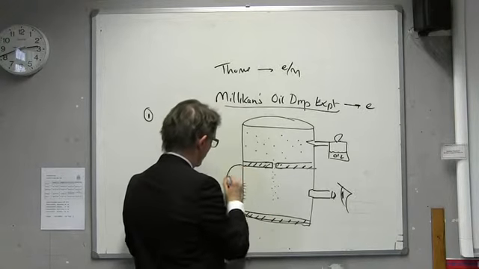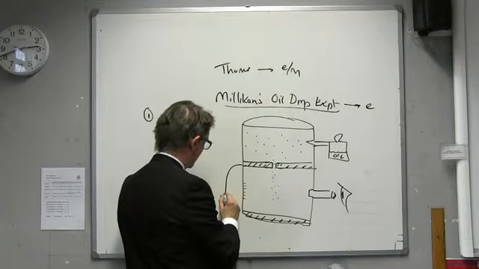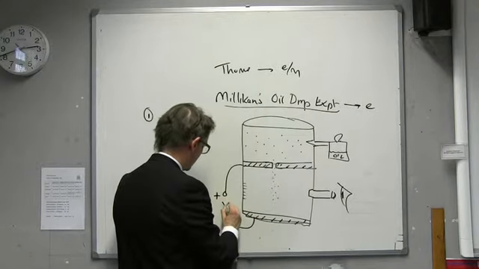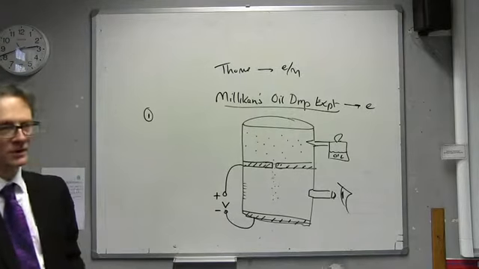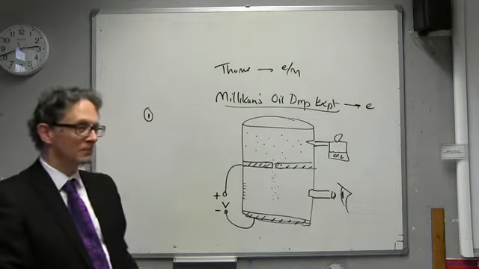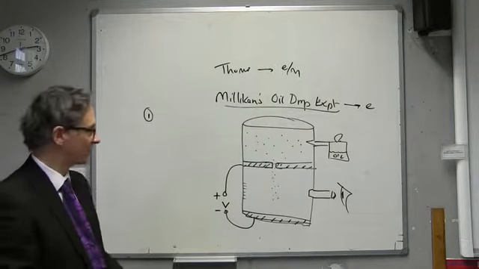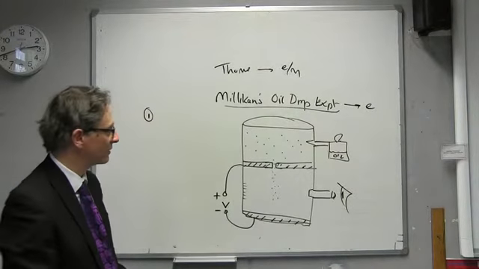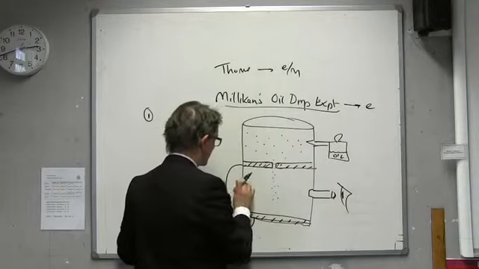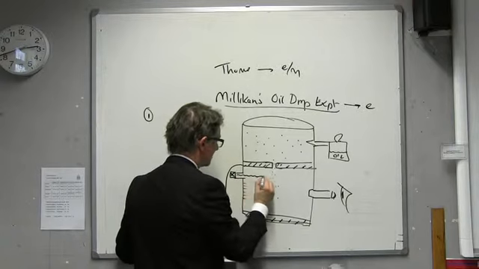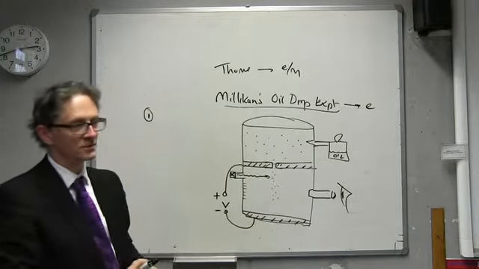Now, these two metal plates are going to be linked to a very large voltage, okay? We're not going to do that at the moment, okay? So the bottom half of the equipment is two metal plates which can be charged up to produce an electric field, okay? There's also going to be a source of X-rays, and that's going to be used to ionise the drops, okay?